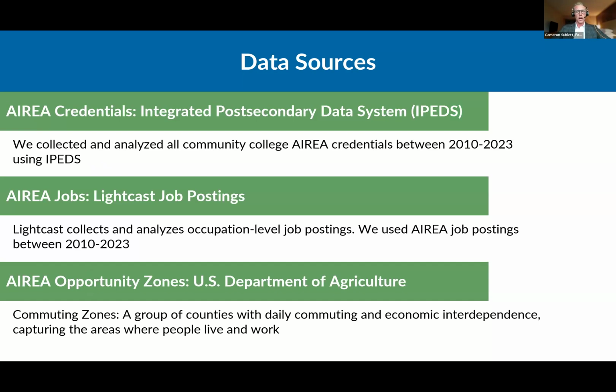To track area jobs across US regions and time, we accessed and analyzed Lightcast annual job postings data across the same panel from 2010 to 2023. Importantly, when looking at the Lightcast job postings data, we did so at the county level. But to better account for economic interdependence among counties, we aggregated job postings to commuting zones, which is a framework established by the US Department of Agriculture.